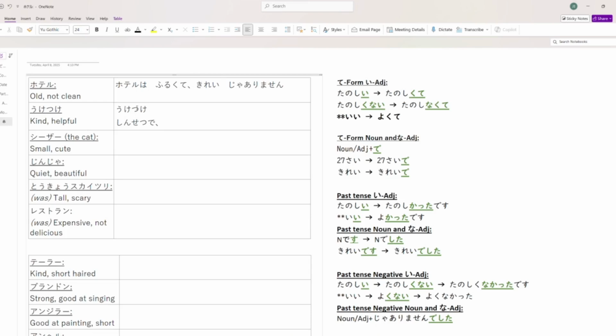And then the other word, helpful. Helpful slash convenient.